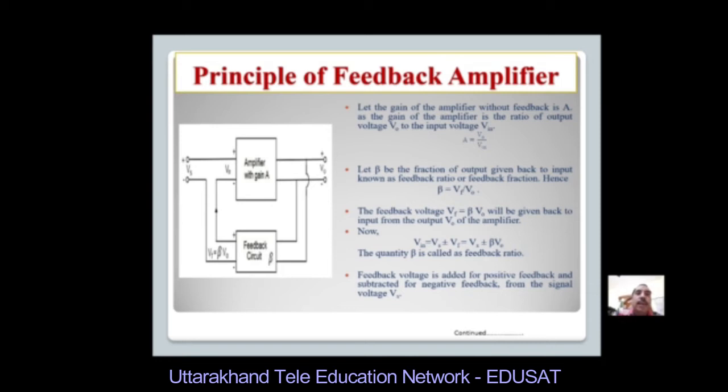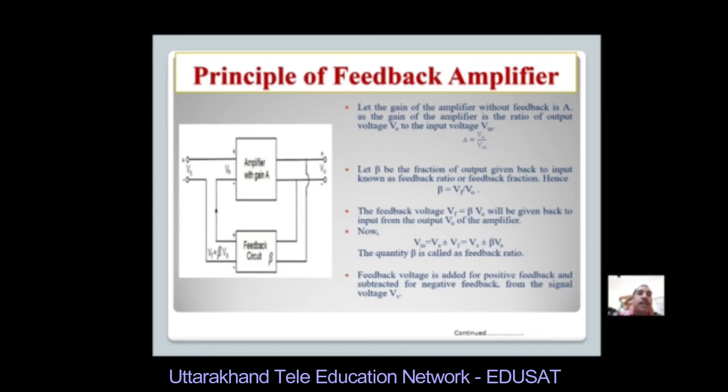So this feedback fraction beta is given as Vf upon V0, where Vf is the output of the feedback circuit and Vo is the input to the feedback circuit. Now this feedback voltage beta V0 will be given back to the input from the output. Depending on whether this is positive feedback or negative feedback, the input voltage is equal to Vs plus or minus Vf, or Vs plus or minus beta V0.